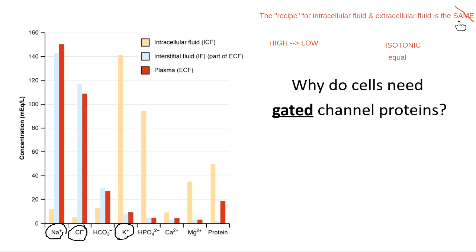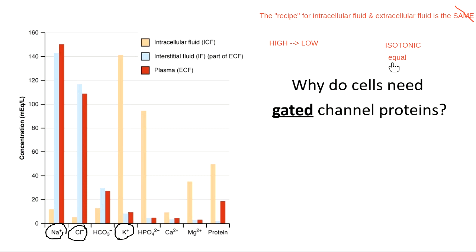But remember that the goal of diffusion was to make things the same. We've got two solutions, one that's really high in sodium, one that's really low. Diffusion says, oh, I can fix that. I can make them equal. Or again, I've got one solution that's really high in potassium and one that's really low. Diffusion says, I can fix that.